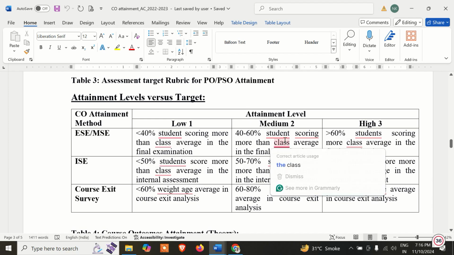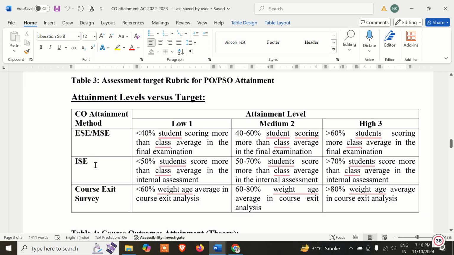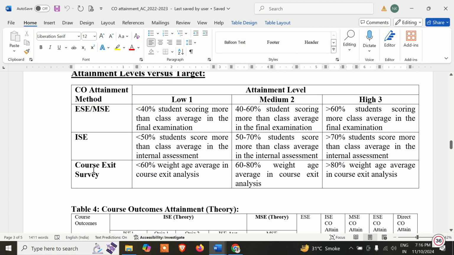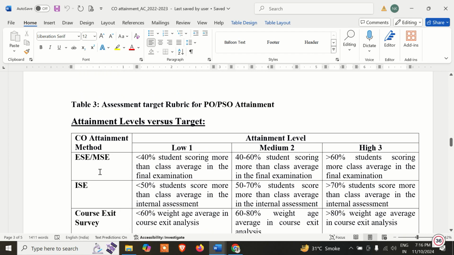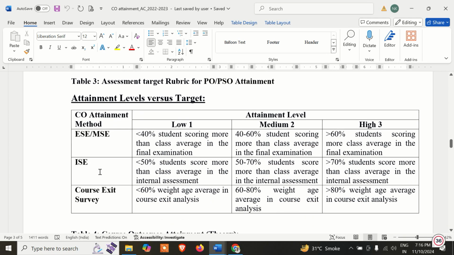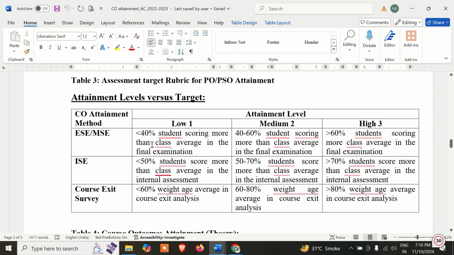During your ESC, MSC, since a written test is involved, the scaling could be different. If it is an in-semester assessment, meaning direct faculty involvement is there one-to-one, the scaling could be different. And the course exit is a feedback system, an indirect assessment, so the scaling could be different.